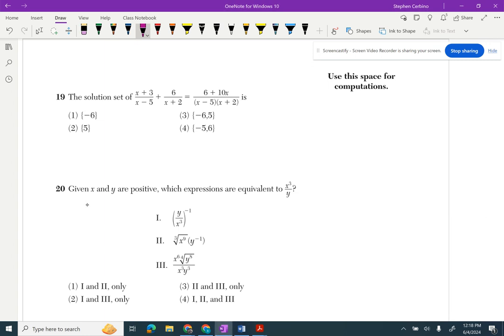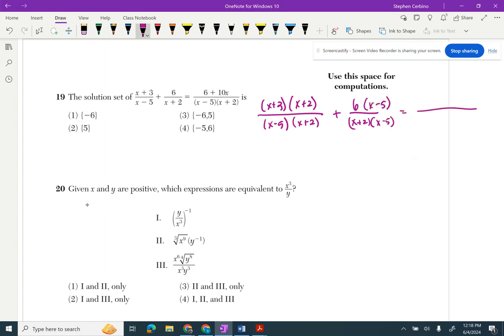So my first fraction is going to be x plus 3 over x minus 5, but I want to make the denominator the same as this other one. So I'm going to multiply by x plus 2, and whatever I do in the bottom, I then have to do in the top. Plus 6 over x plus 2. Again, I want to make it look like the other one, so I'm going to multiply x minus 5.